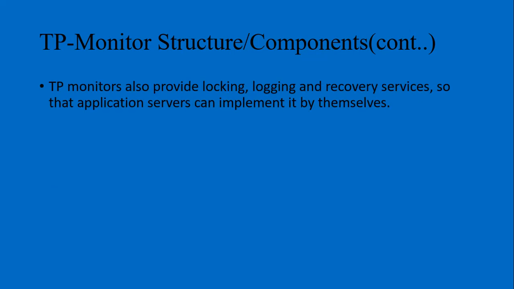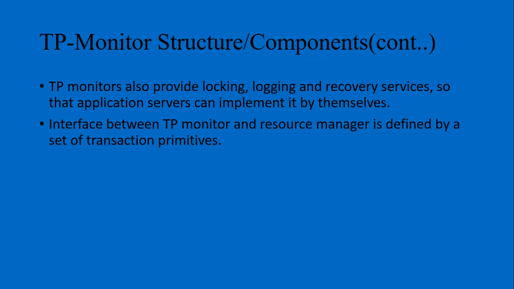Many transaction processing monitors provide locking, logging, and recovery services to enable application servers to implement ACID properties by themselves. A TP monitor treats each subsystem within the architecture as a resource manager, as it provides transactional access to some set of resources.